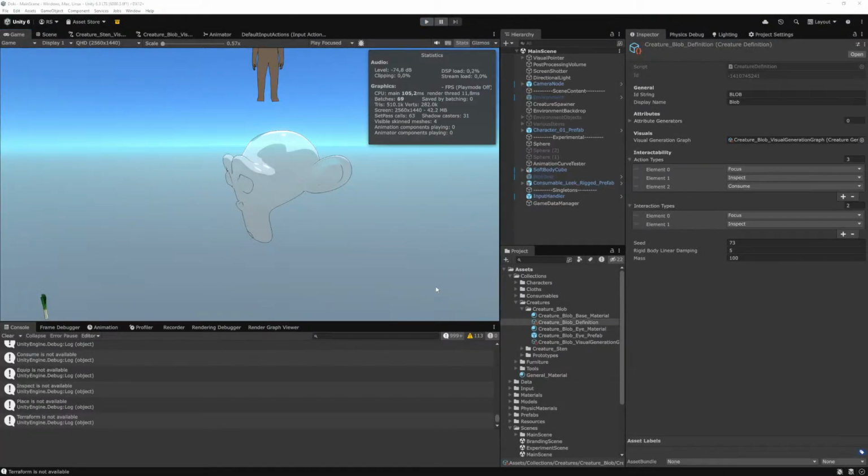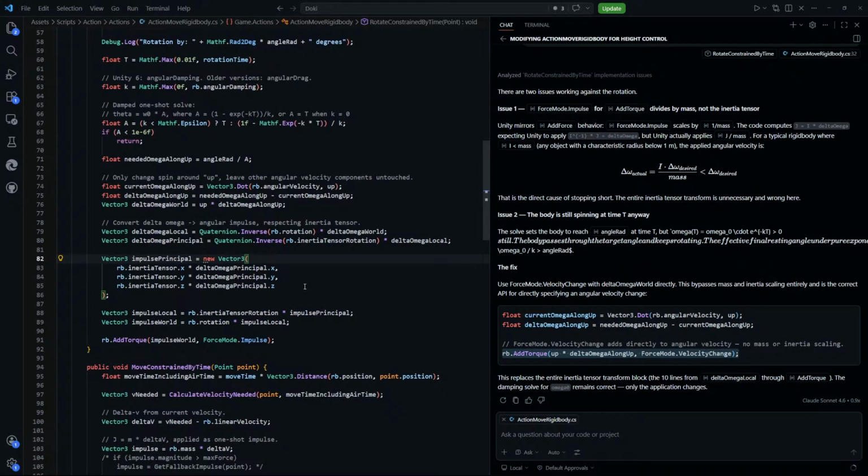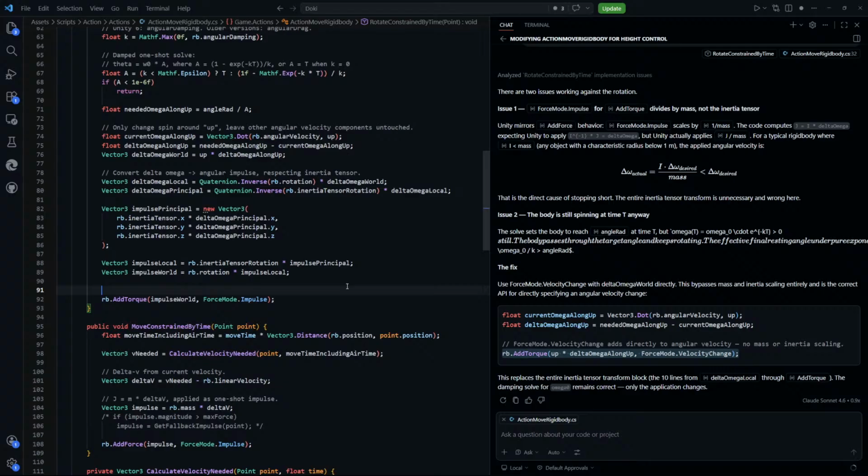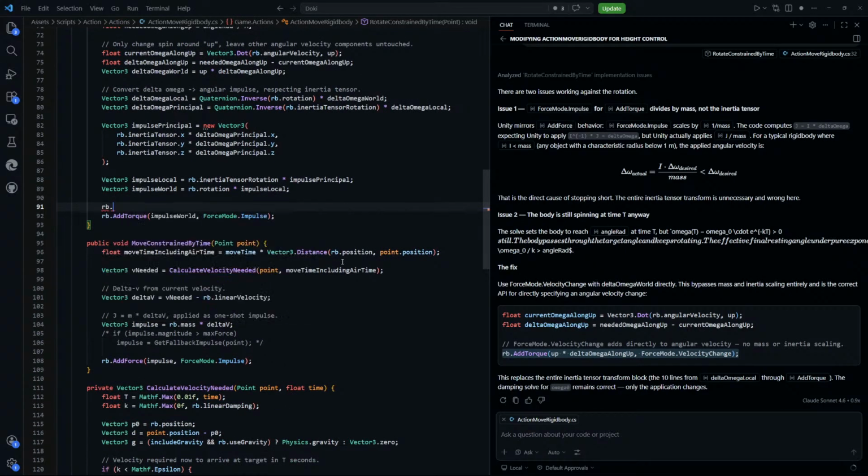We're gonna try something, because what I also want to do when we move around here is this: RB.AddForce. Let's see if this works. What's a good force to add?